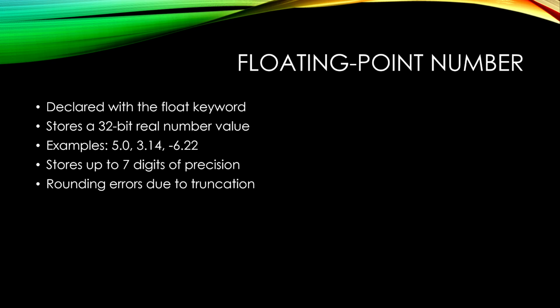So these store up to 7 digits of precision, and rounding errors will happen. So truncation is when you have a certain amount and that cannot be represented within the 32-bit limit. So what will happen is you'll have some data loss.